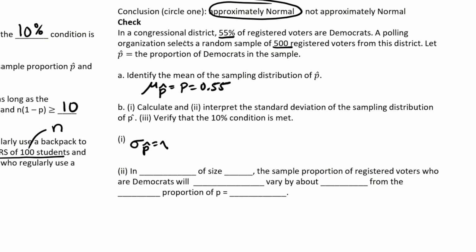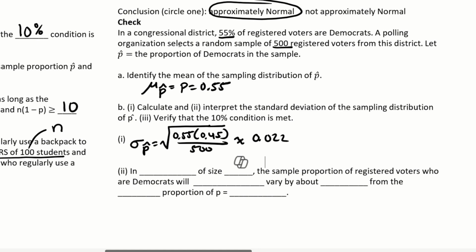So square root of p times 1 minus p. 1 minus p is 0.45 over n, sample size 500 registered voters. To calculate that, we get 0.022. All right, so now we're going to do the interpretation.